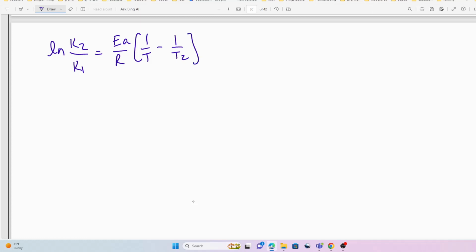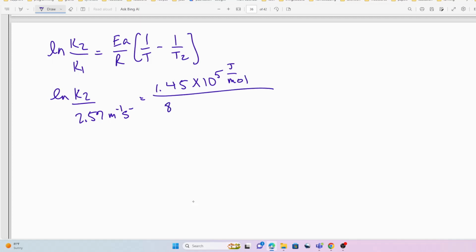And so now we can see that the ln of K2 over 2.57 inverse molar inverse second is equal to 1.45 times 10 to the 5th joules per mole divided by 8.314 joules per mole Kelvin. That's our R in energy units, times 1 over 701 Kelvin minus 1 over 525 Kelvin.